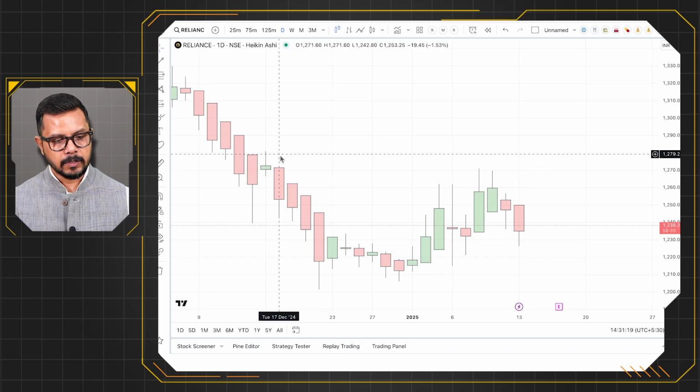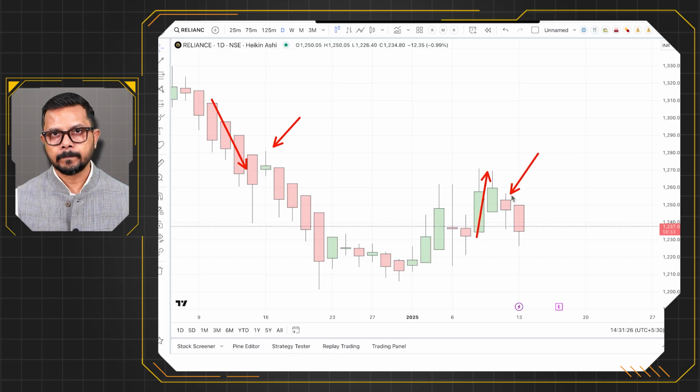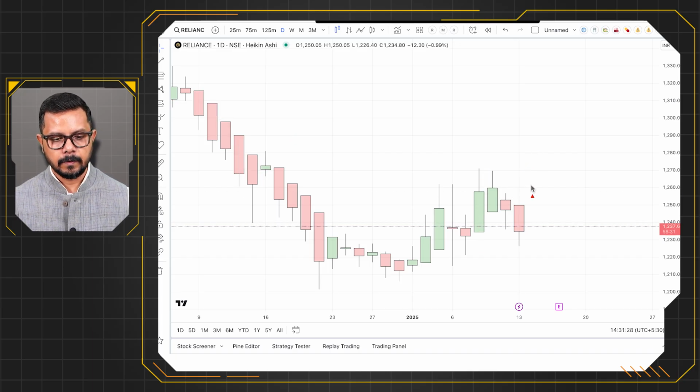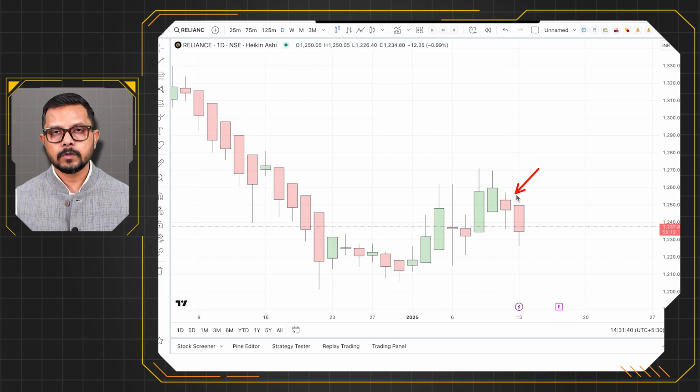So, please look out for these signs of consolidation after they have given you a directional movement. These are the bars which can lead to the next move on the upside or on the downside. Now, while explaining consolidation, I had also mentioned the size of the body matters.